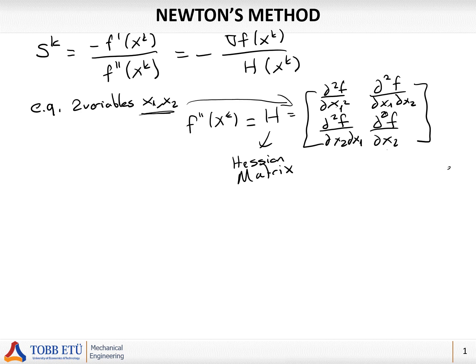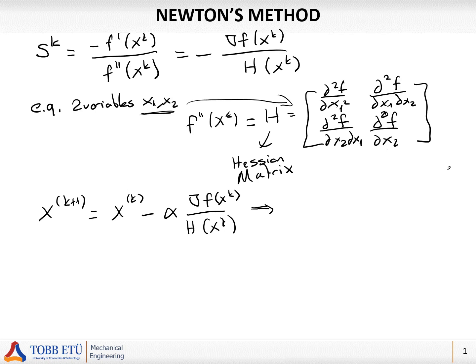So with many variables, the new point will be the current point xk minus the step size times the gradient f of xk divided by the Hessian of xk. And here the Hessian is a denominator, so that's important: it shouldn't be 0.